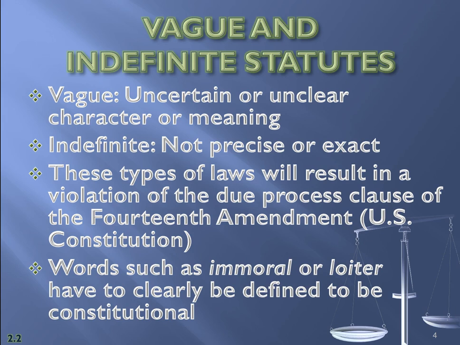So words such as immoral or loiter, if used in a crime, again, would have to be clearly defined in terms of specific acts or actions in order to be constitutional. Otherwise, such laws will be declared void as being vague or indefinite.